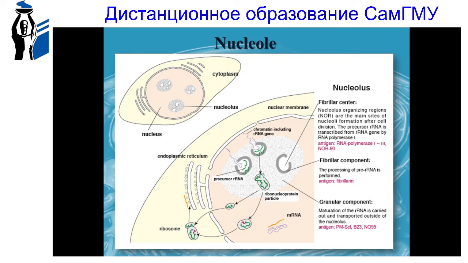In the nucleolus, 3 main structural components are distinguished, corresponding to different stages of ribosome biogenesis. These are the fibrillar center, dense fibrillar component, and granular component. At the beginning of mitosis, the nucleoli are disassembled, and at the end of mitosis, they are assembled again.